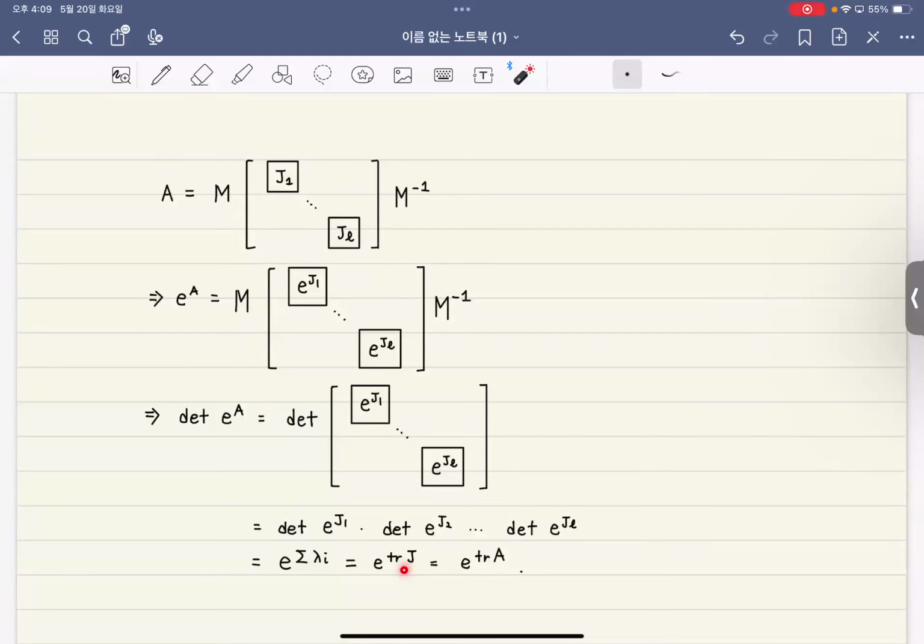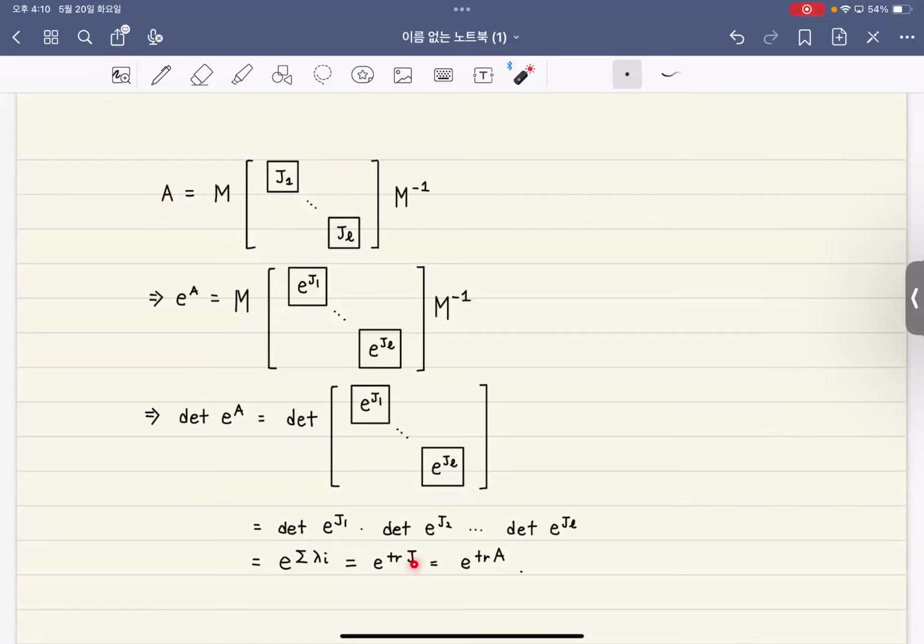But again, the trace is also invariant under similarity transformations. So that means if two matrices are similar to each other, then their traces must also agree. This middle matrix J and the matrix A are similar to each other.